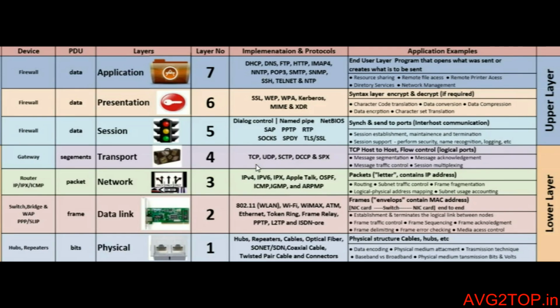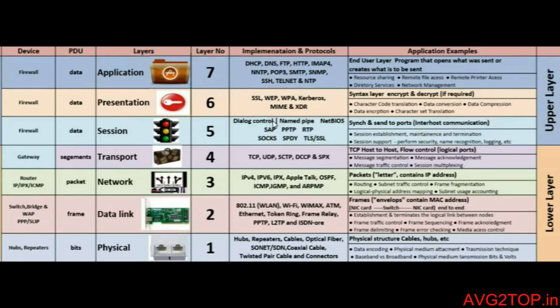And here some of the application examples are message segments, message acknowledgement, message traffic control, and session multiplexing. These are some of the applications that work under the transport layer of OSI.